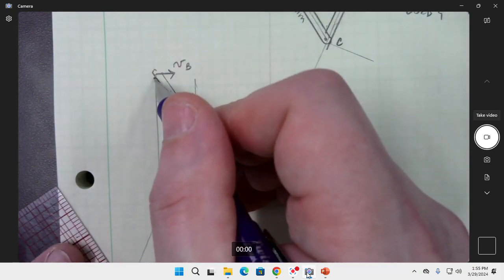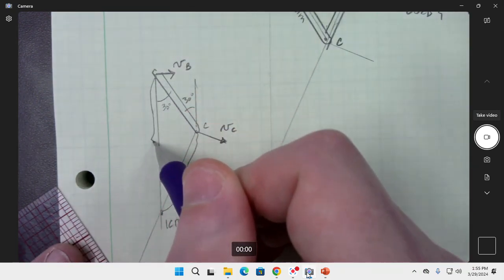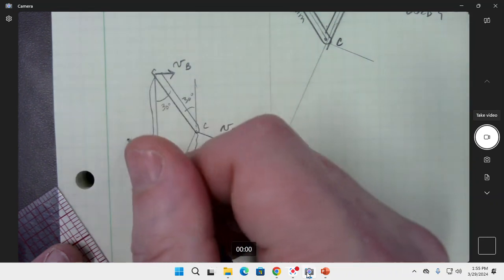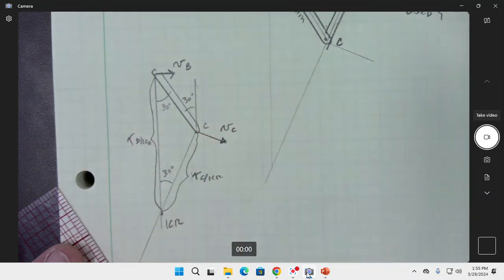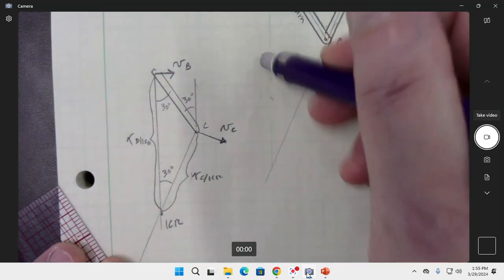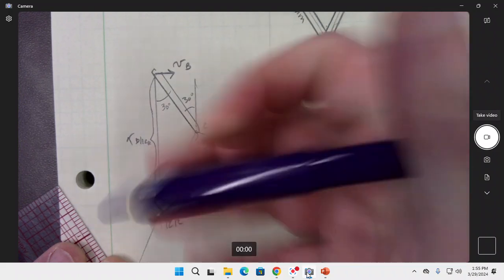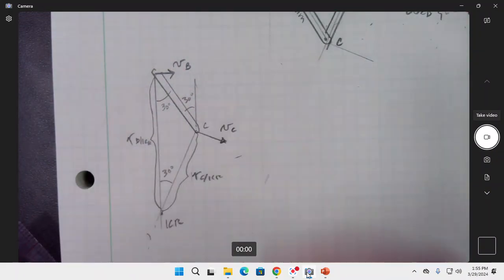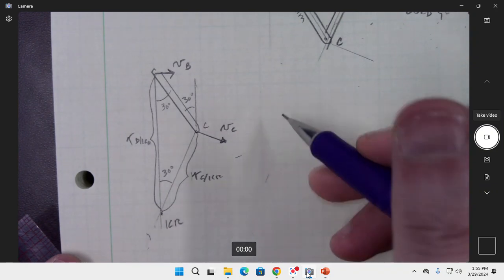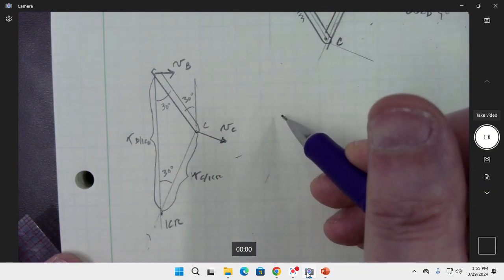And this one first, it's going to be RB with respect to ICR. That's not that bad. So we know what VB is.